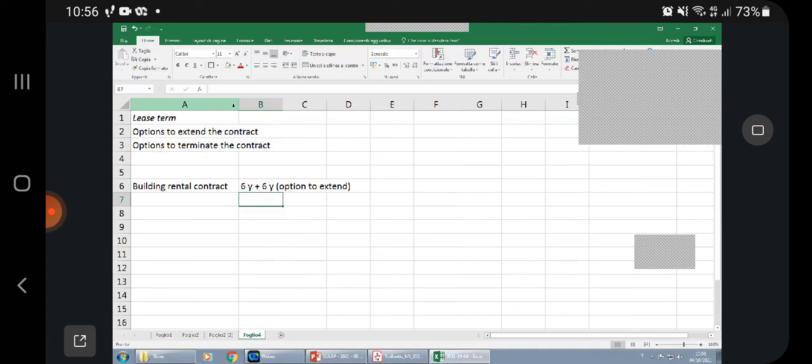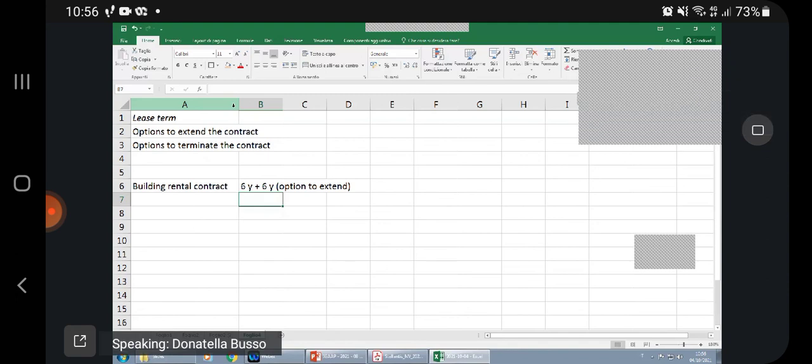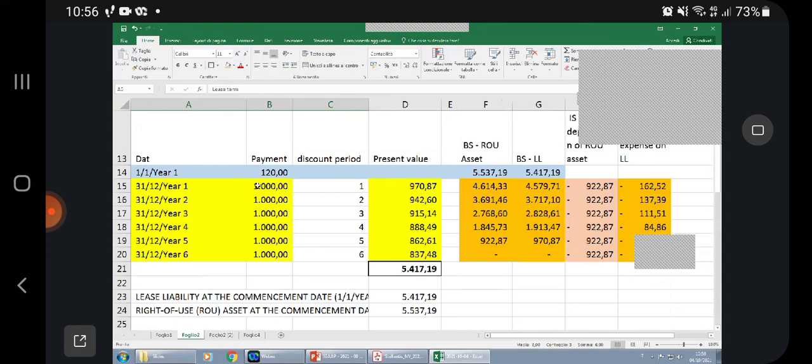So in that case, it could happen that since the beginning, the option to extend the contract is considered reasonably certain. The mechanism is exactly the same. The only difference is that starting from the inception, we do not consider only 6 years, but we consider 12 years. Is this clear for everybody?